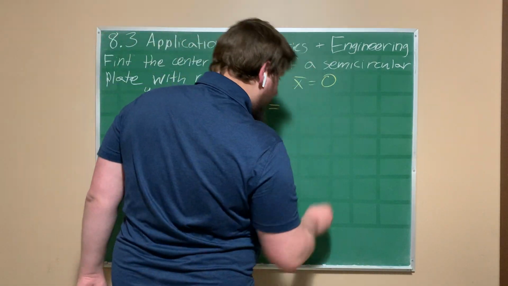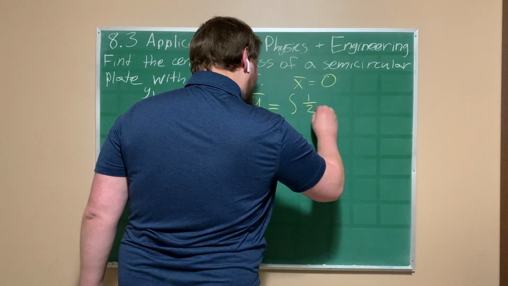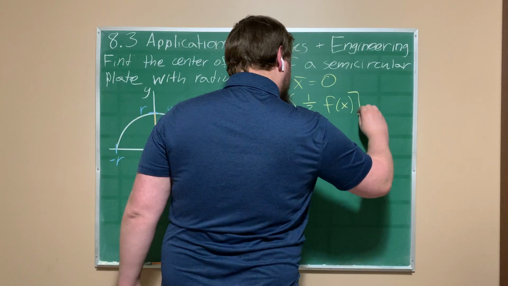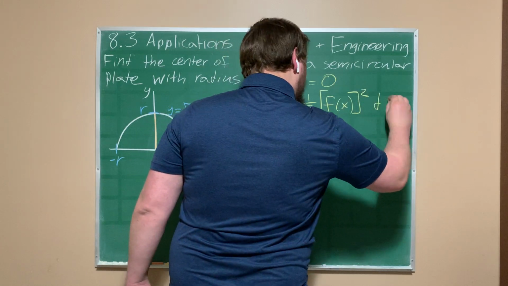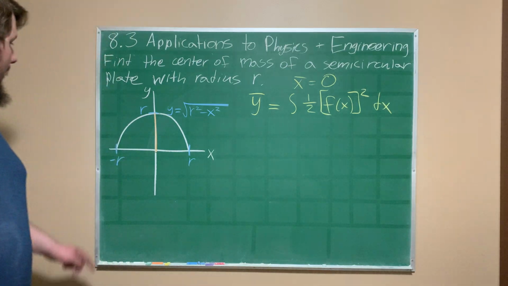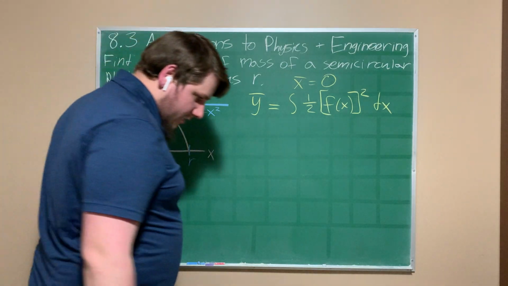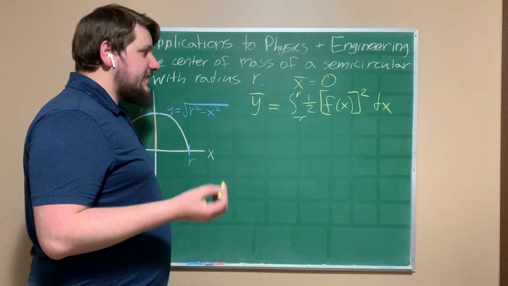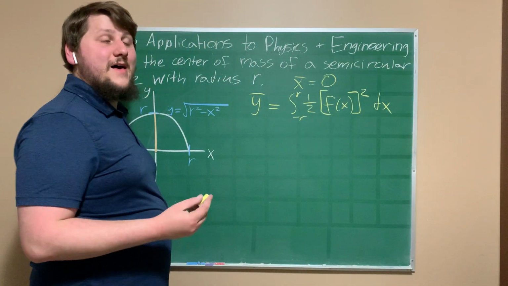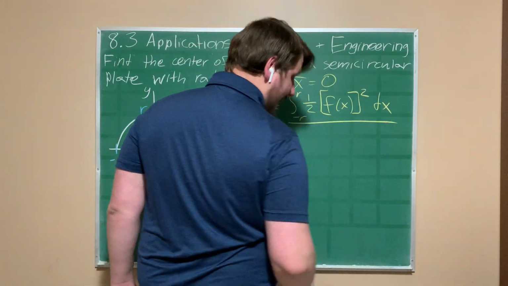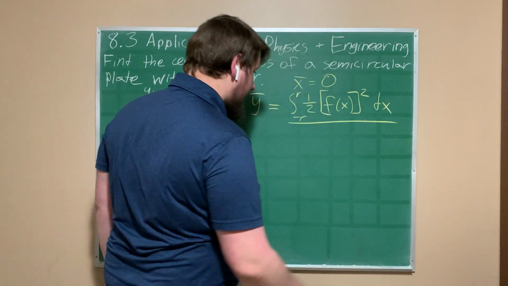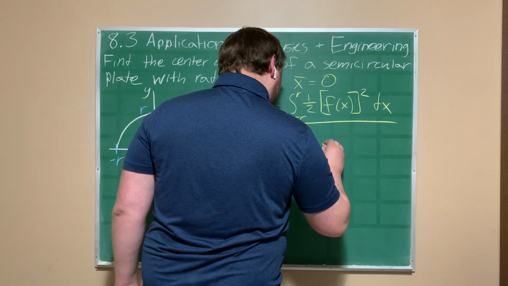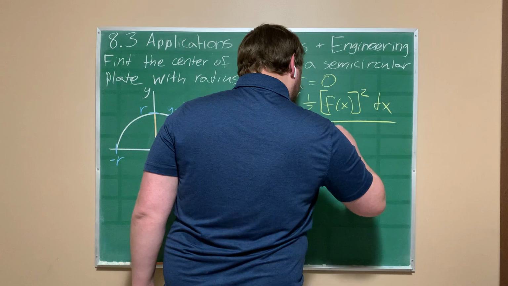We're going to have the integral of 1/2 times f of x, the quantity squared, all the way from negative r to positive r. And then that's the moment value there, and we're going to divide it by the mass value in order to find the centroid. That's going to be the area of the actual semicircle, the integral from negative r to positive r of just f of x dx.